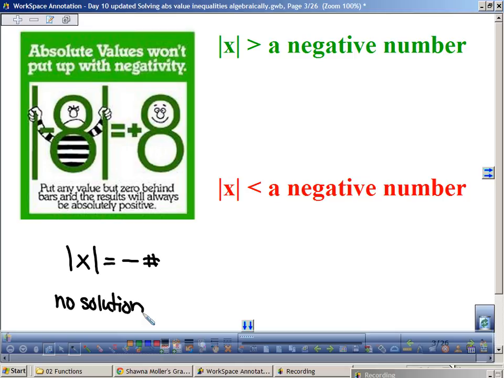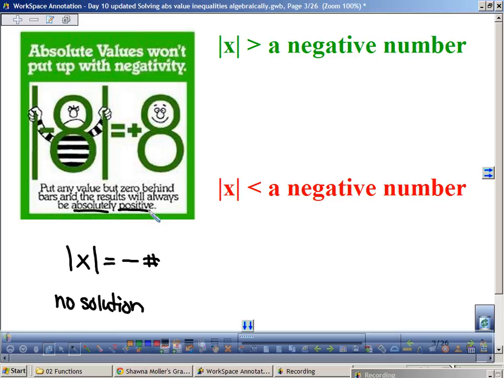Who knows why it's no solution? Okay, let's hear it. Sydney. If it's in the bars, it's positive, right? It's always got positive results, just like this. It's absolutely positive. So how can a positive number ever be equal to negative? It can't be, so it's no solution.